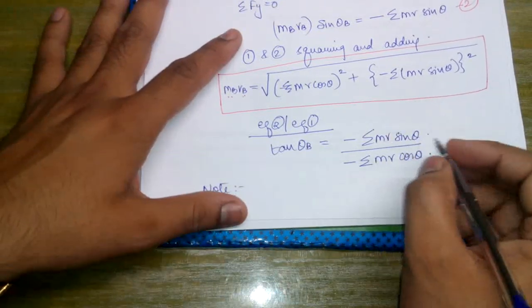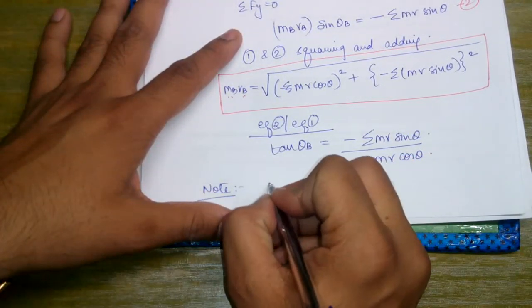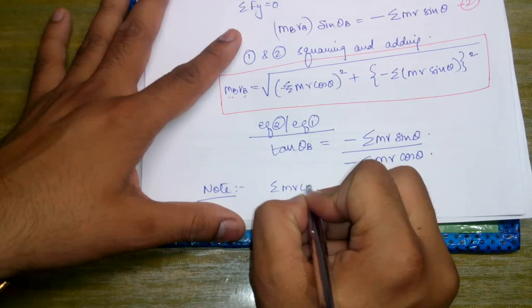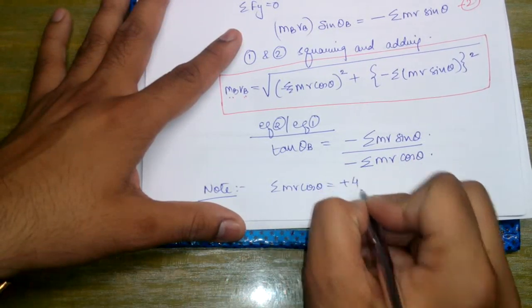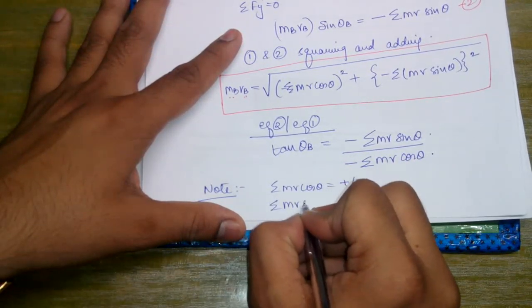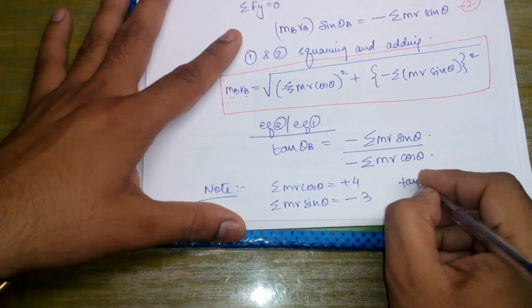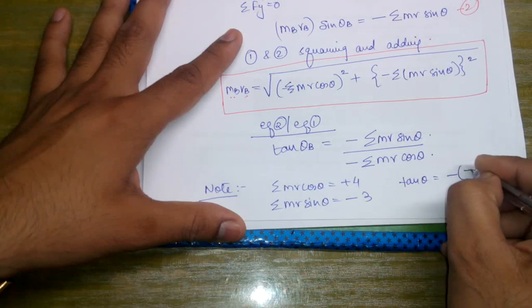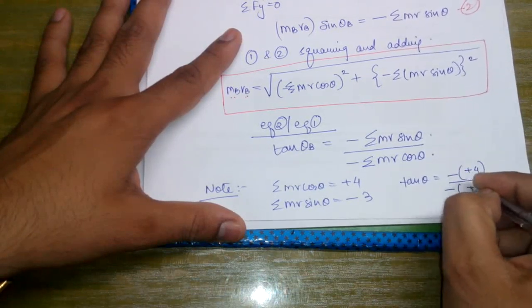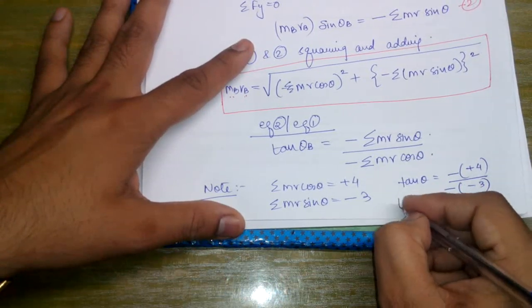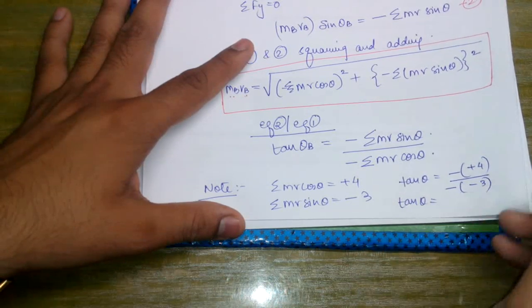For example, if summation mr cos theta is equal to plus 4 and summation mr sin theta is equal to minus 3, then tan theta is equal to minus of minus 3 upon minus of plus 4.